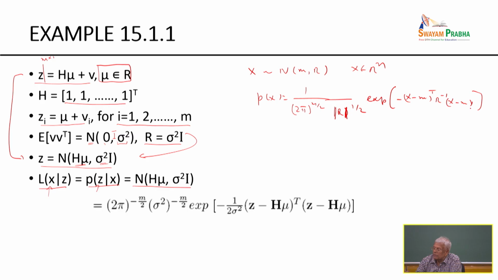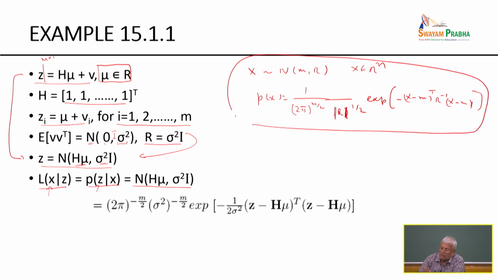That is the general distribution for the n-dimensional Gaussian random variable.